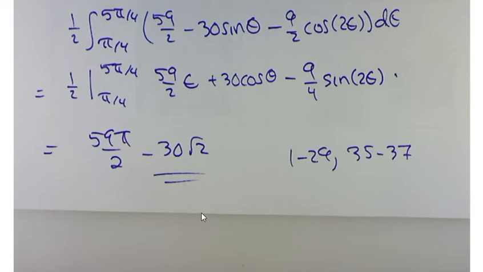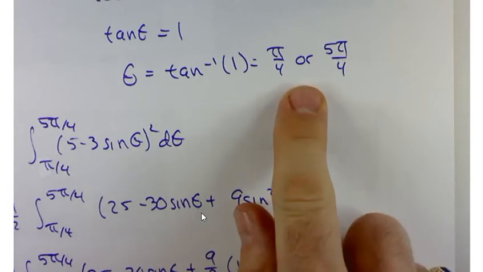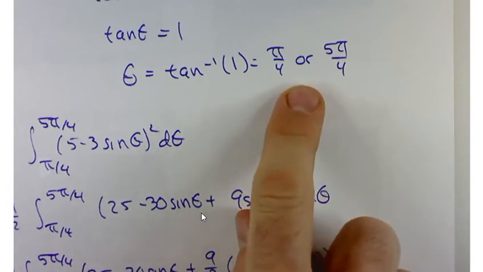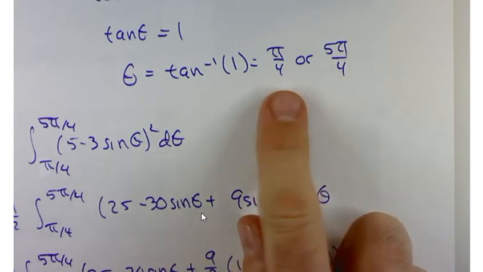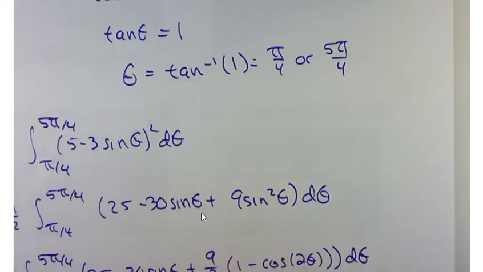Yes, sir. I was just wondering when we have to add 180 degrees to the limits of integration. Like, we had pi over 4 and we had to add 180 to it. That comes from the solution of the tangent equation here. There's 2 places that the tangent's equal to 1. They're both at multiples of 45 degrees.